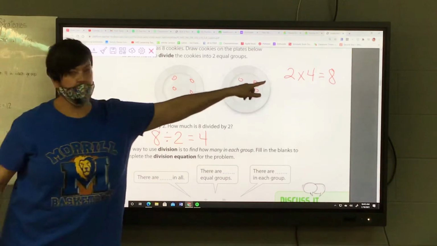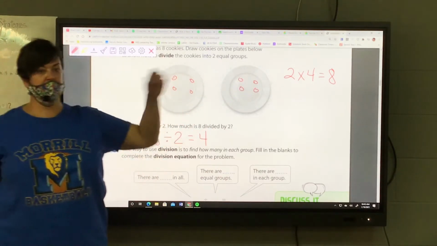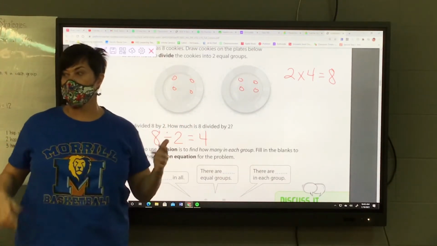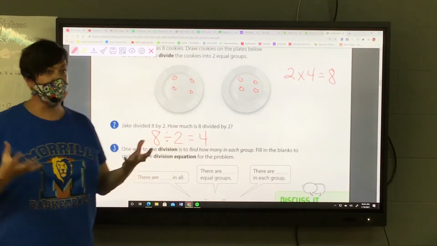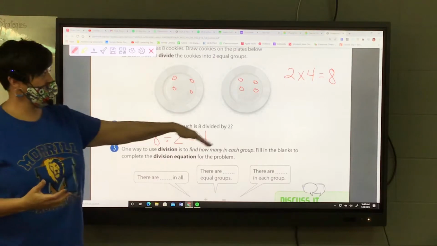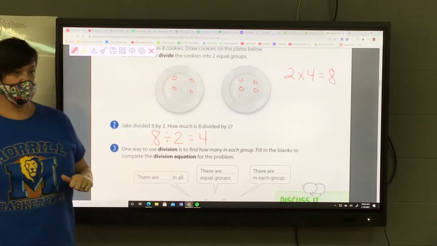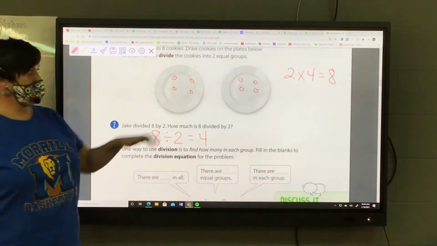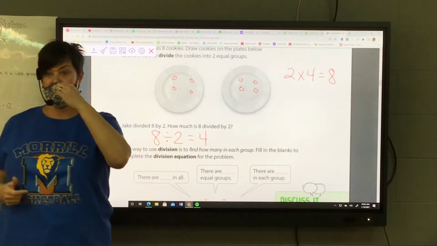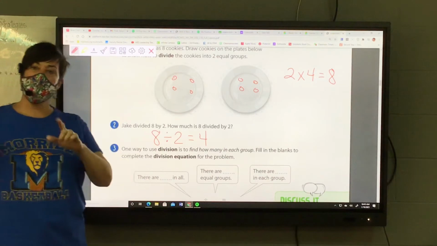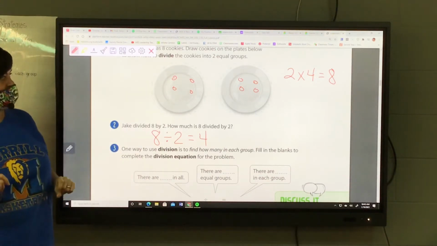Do you see how multiplication and division go together like fact families, just like in addition and subtraction? Same numbers that we're using, but in one we were multiplying, in the other we were doing the opposite and dividing. Now, I want you to take a look at something here.